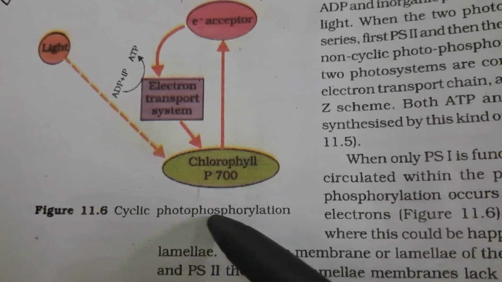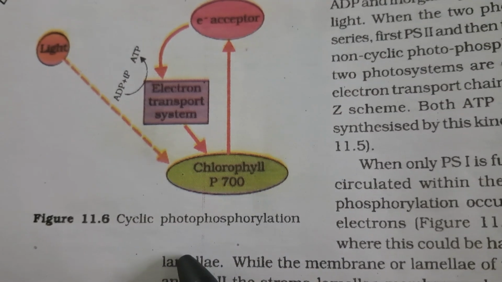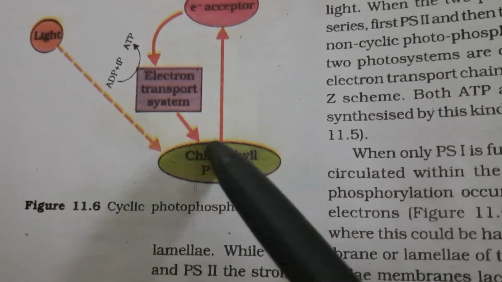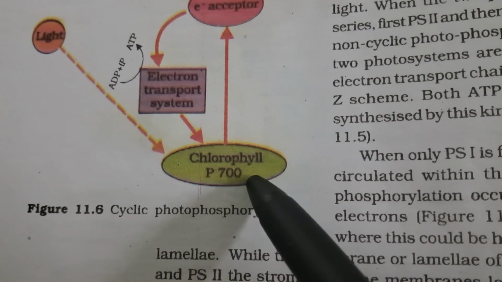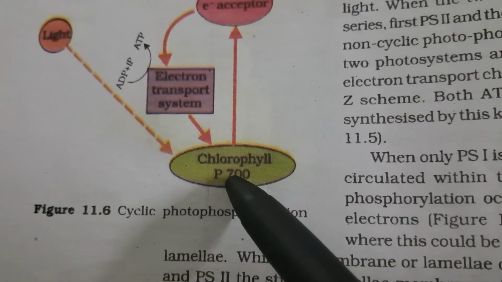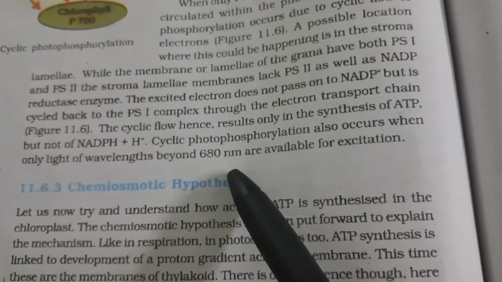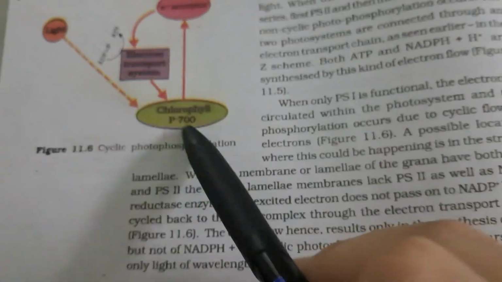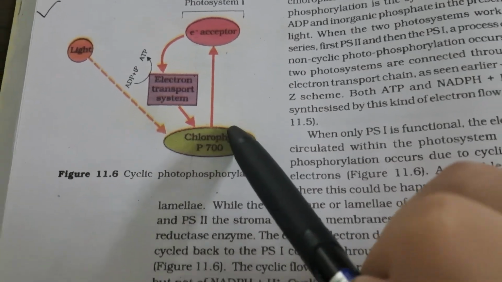Since there is no mention of PS2, it has to be more than 680, then only it will be 700. That is why beyond 680 nanometer means 700 nanometer means PS1 means cyclic photophosphorylation. Understood?